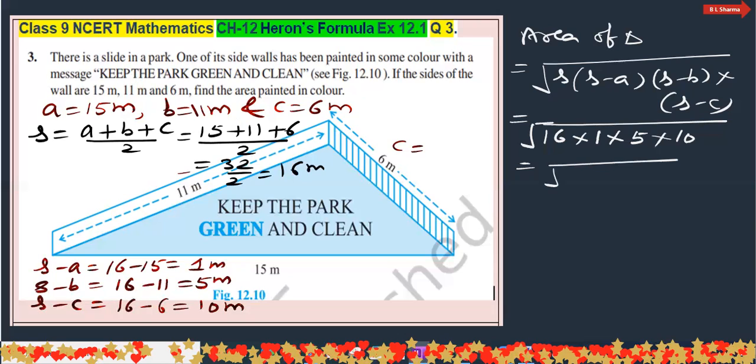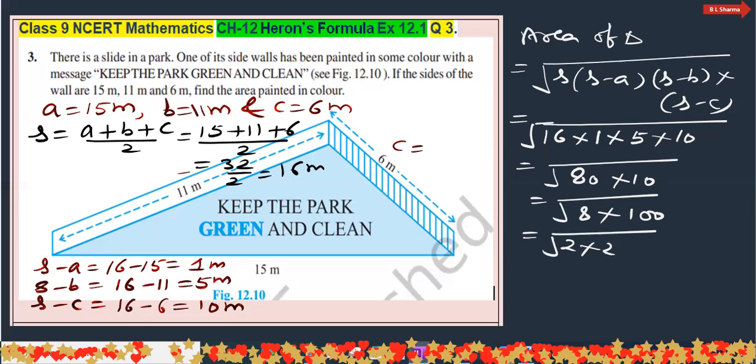You can find out here 16 5s are 80 into 10. We can write 8 into 100. You can write 2 into 2 into 2 into 10 into 10. We are having a pair of 2. We are having a pair of 10. So take it outside, 2 into 10.